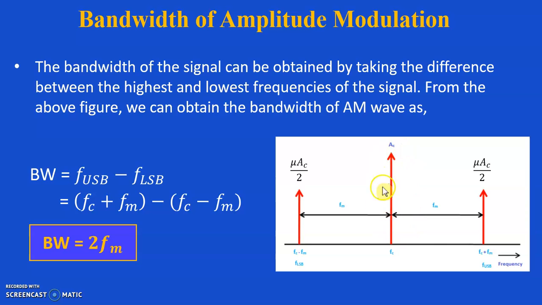So this is also considered one of the drawbacks. So the two major drawbacks of the amplitude modulation technique are a waste of bandwidth and a waste of power because of the pure carrier signal.